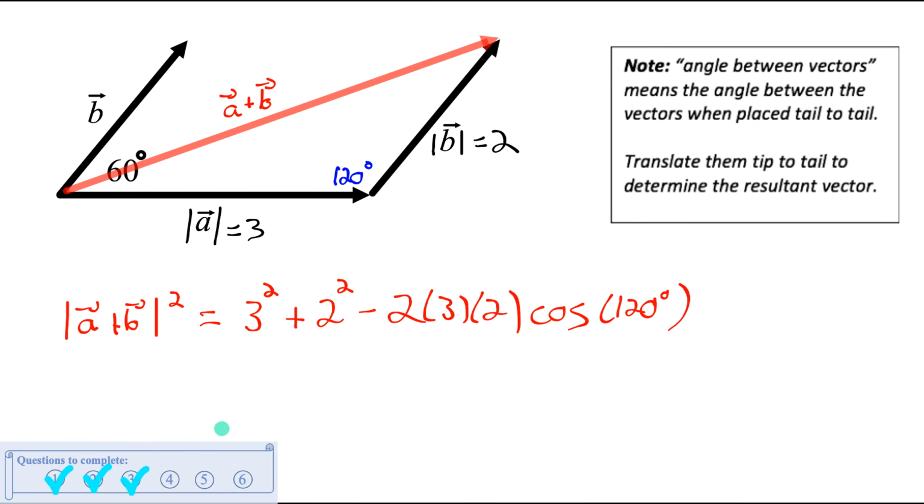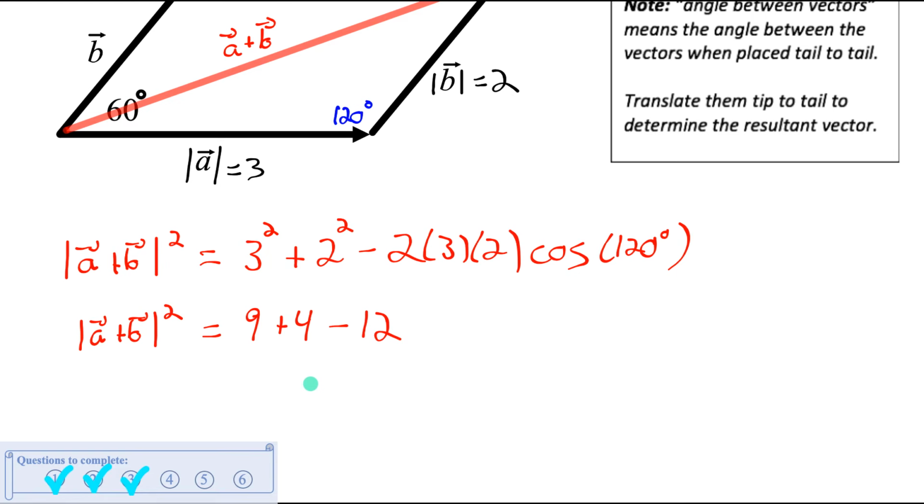So that's the cosine law, and now we just evaluate this. On the left, I'll leave the magnitude of A plus B squared. On the right, I have 9 plus 4 minus 12 times cosine of 120.